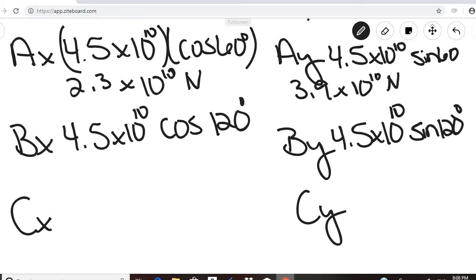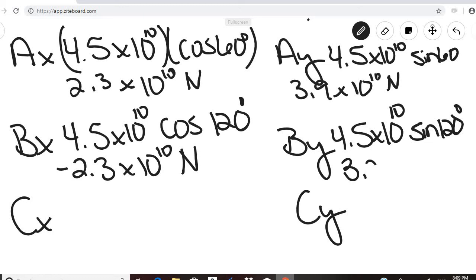And then B to the X is negative 2.3 times 10 to the 10th newtons. And this one is 3.9 times 10 to the 10th newtons.